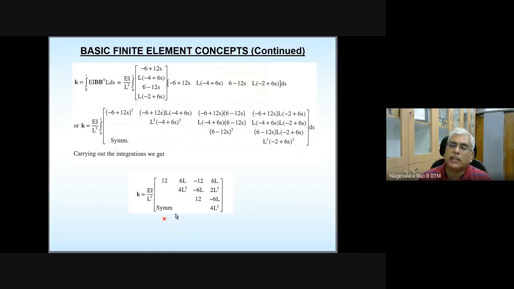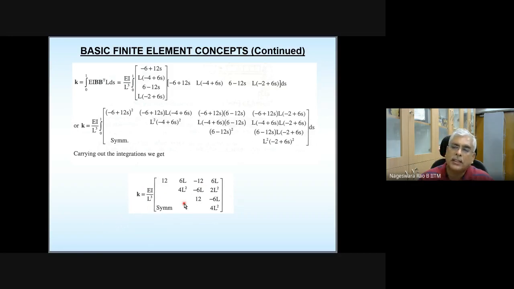This stiffness matrix is valid when EI is constant. If EI is not constant, you know what to do: you just take it inside the integral and then do the integration. But for the specific case where EI is constant, this is how the stiffness matrix for a beam element looks.